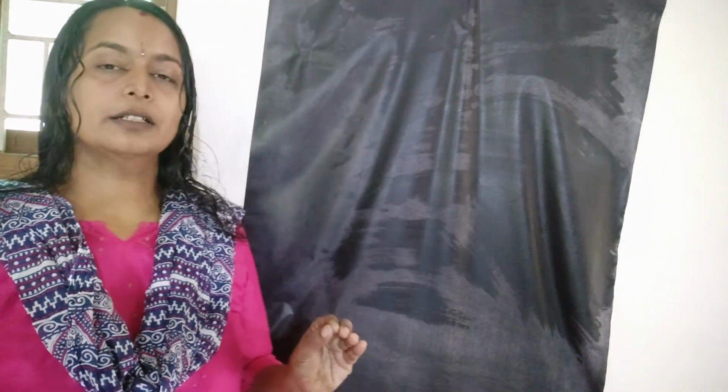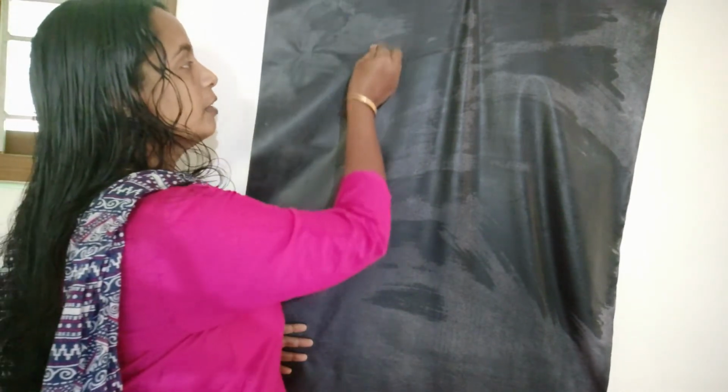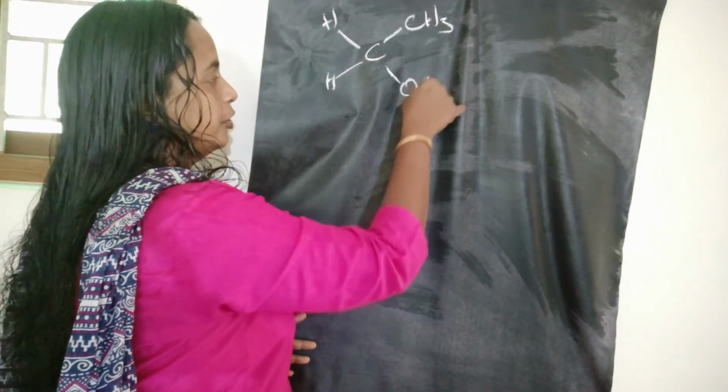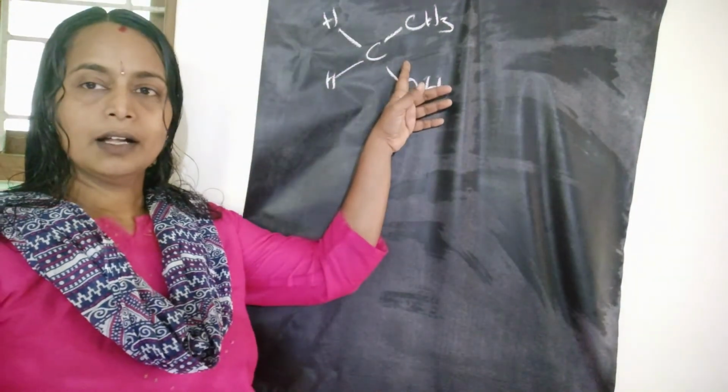In organic molecules, chirality is because of the presence of an asymmetric carbon. For asymmetry, the four bonds of the asymmetric carbon must be bonded to different groups. For example, take ethanol.